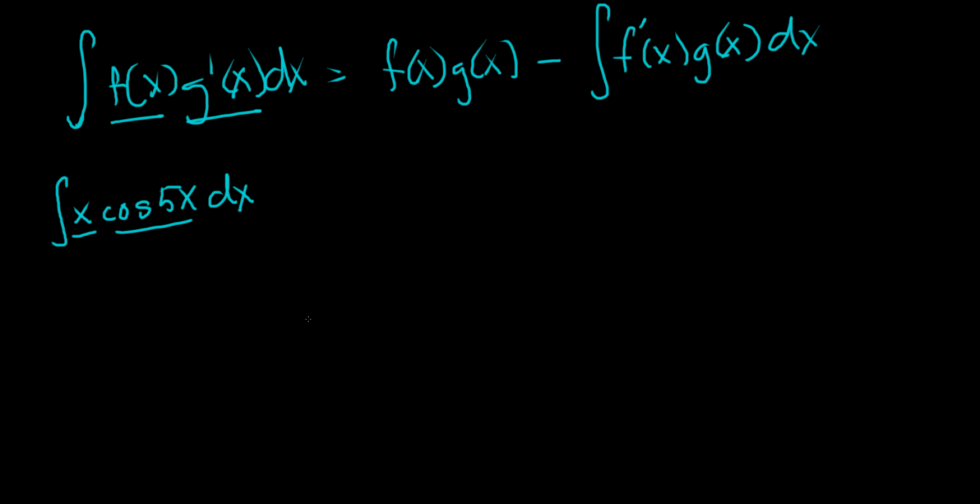However, when you use integration by parts, you will not usually see it in the form I have written here. We usually write it in a little bit simpler notation. The notation we use is usually u dv. The integral of u dv is equal to u times v minus the integral of v du.